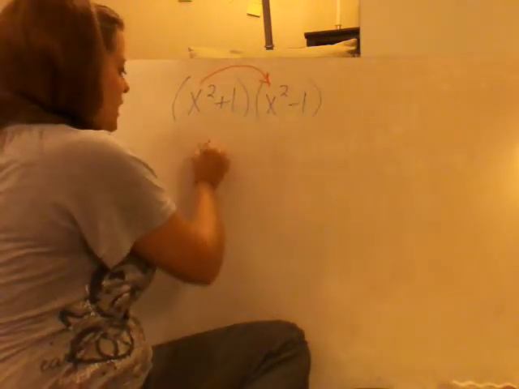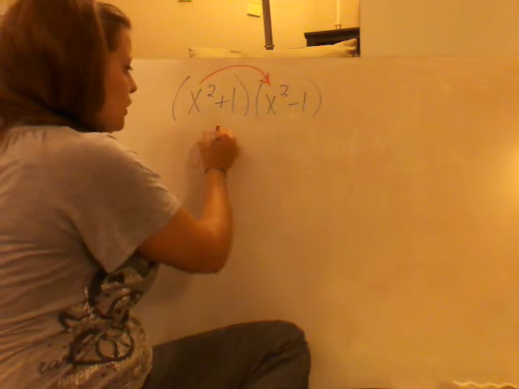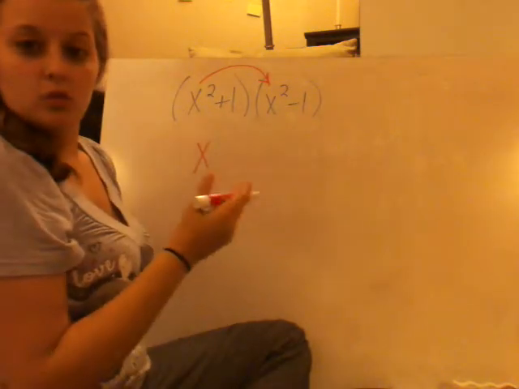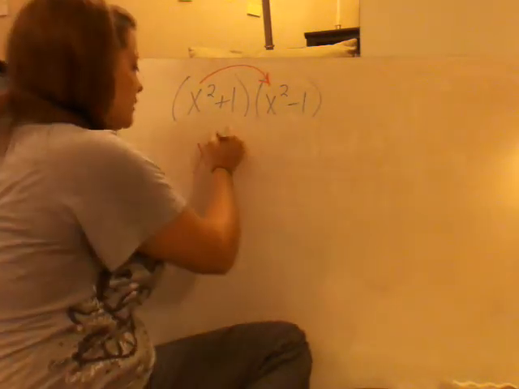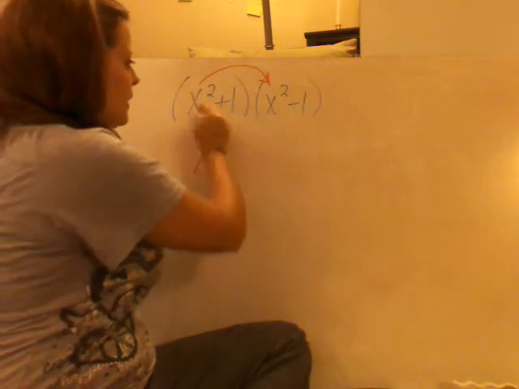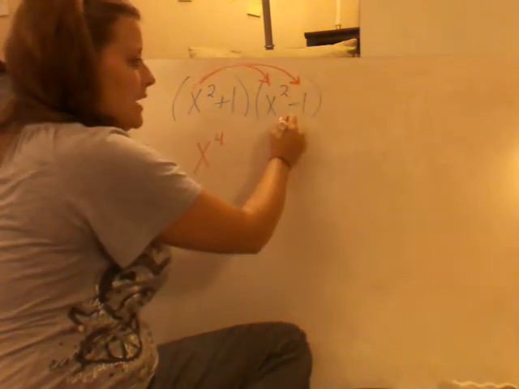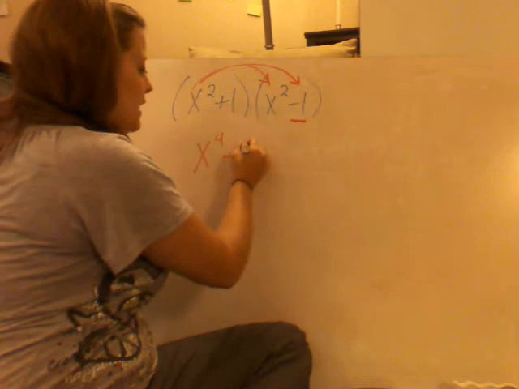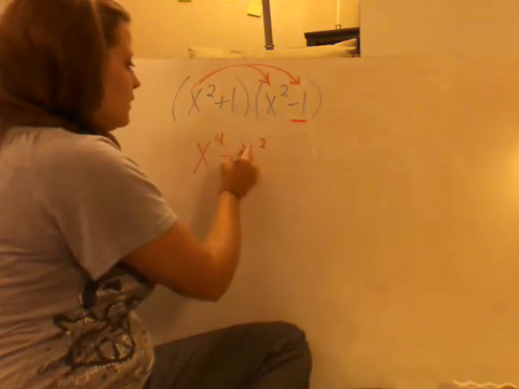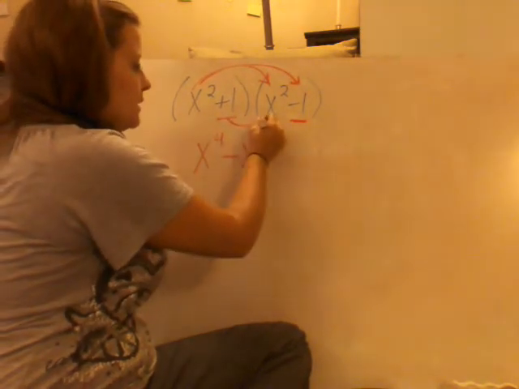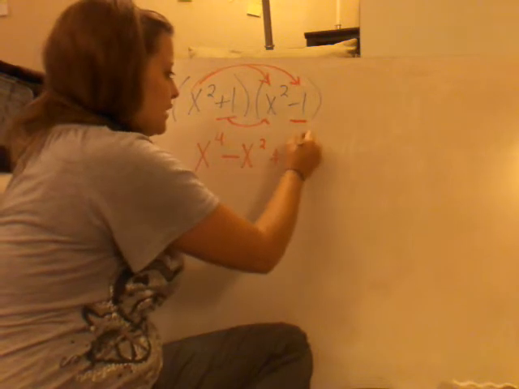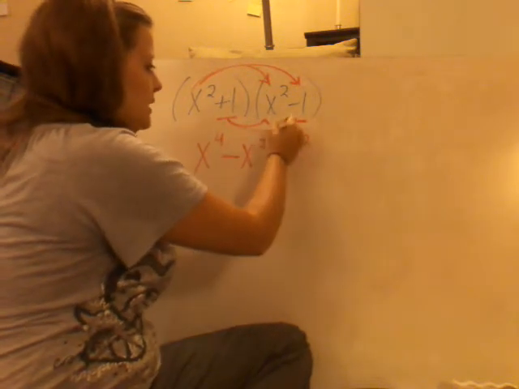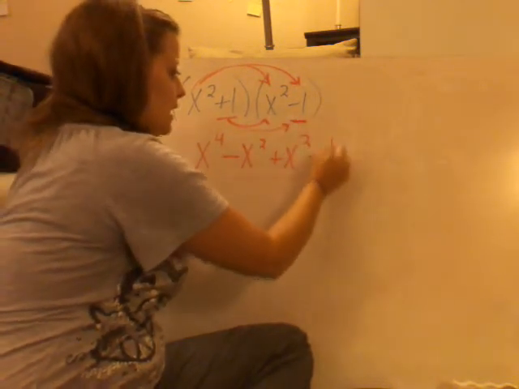Here we go. x squared times x squared, which is actually 2 plus 2, so it's to the 4th power. Again, over to my -1. Now I've got negative x squared. Now I'm working with my 1, taking it over, plus x squared. And then taking it over again, -1.